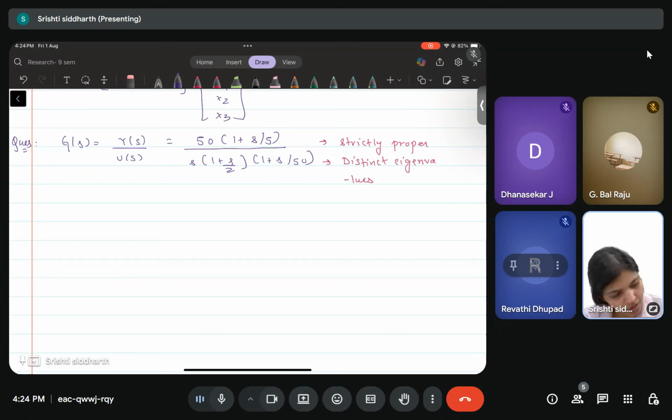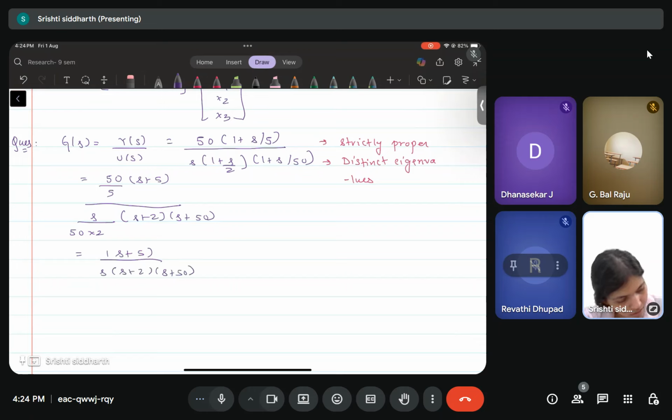Okay, so let's first rewrite this. This is going to be 50 (s + 5) over (s + 2)(s + 50)... this is equal to (s + 5) over (s + 2)(s + 50), which means 50 over 5.